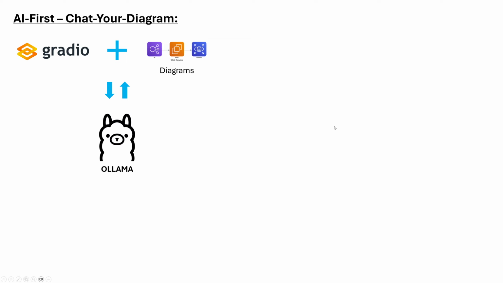Today it's about chatting with diagrams, and the idea was to create a Gradio web application in combination with the Python library diagrams. That Gradio web app is connected to my Ollama server, which is hosting, let's call it, a large language model zoo.